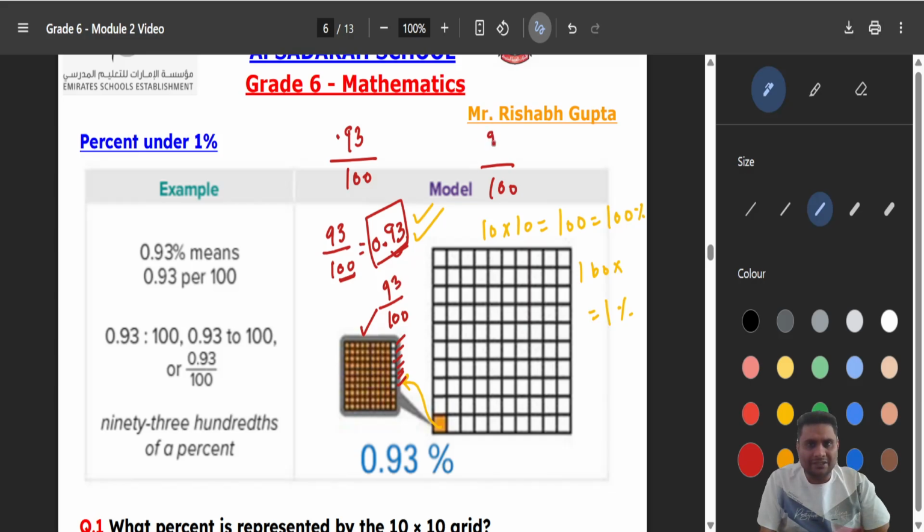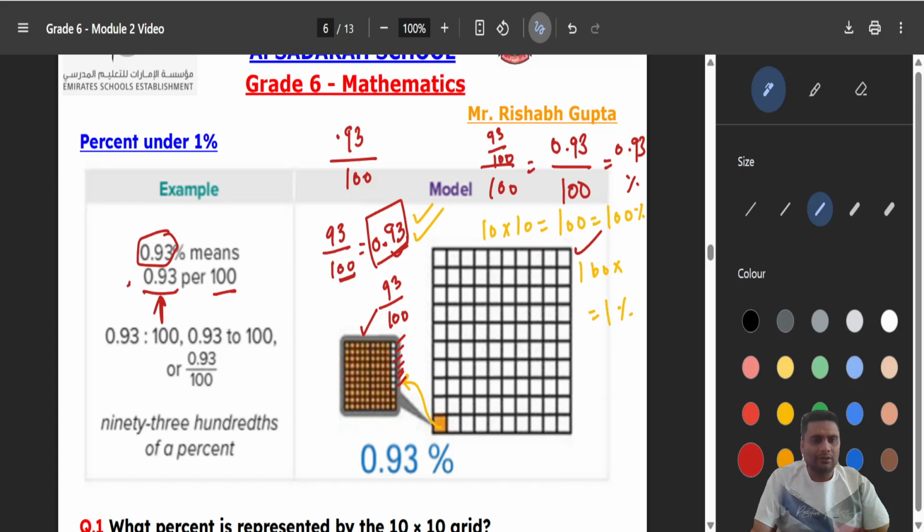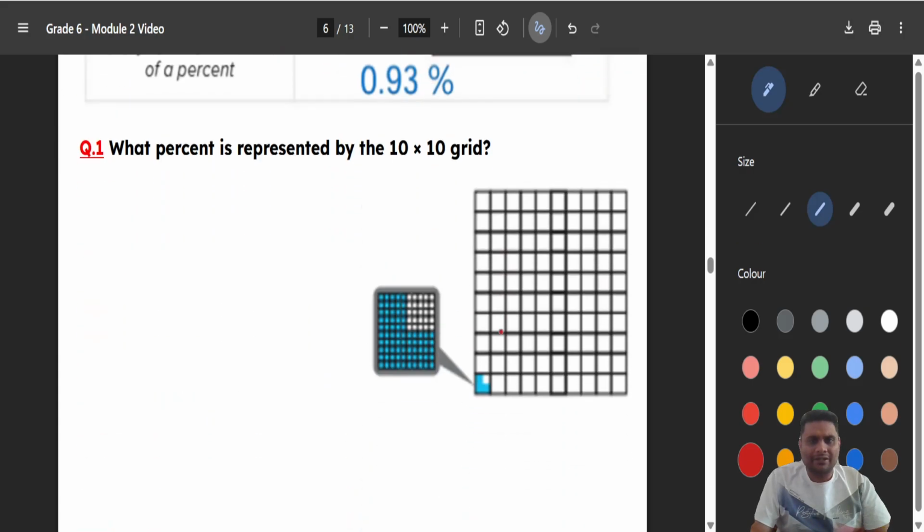So I will say 93 parts out of 100 of a box are filled, which means 0.93 of a box is filled out of the total 100 boxes. So this will become 0.93%. Check here, 0.93% means 0.93 box is filled out of 100 boxes. This 0.93 means less than 1. Okay, let us do an example and try to understand it.